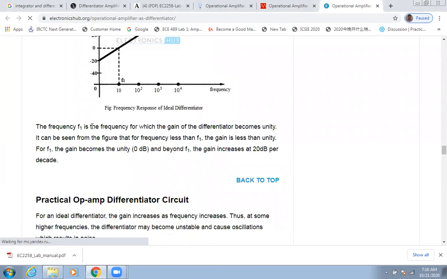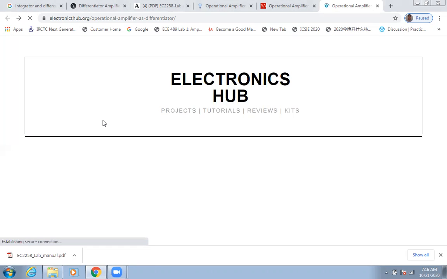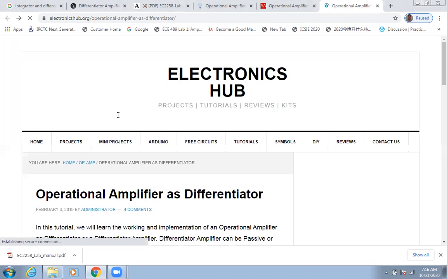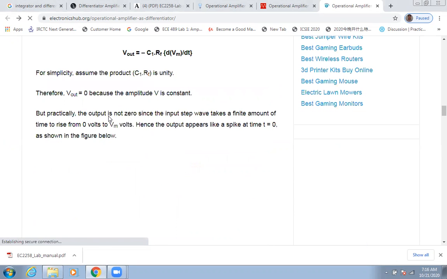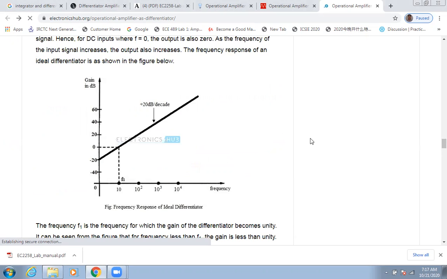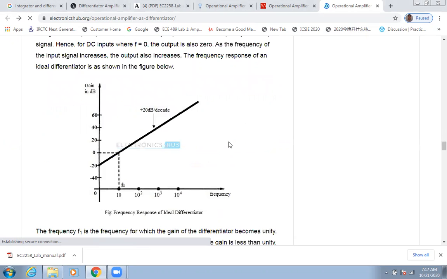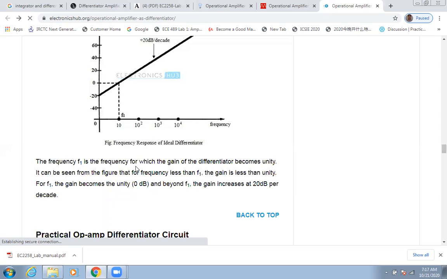The frequency f1 is the frequency for which the gain of a differentiator becomes unity, or 0 dB.